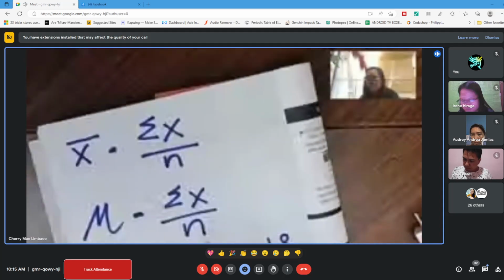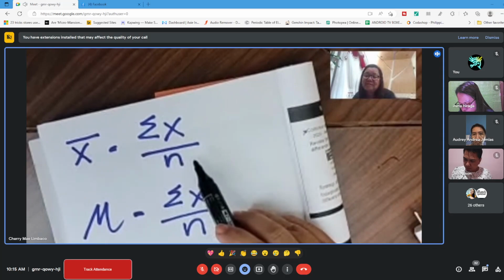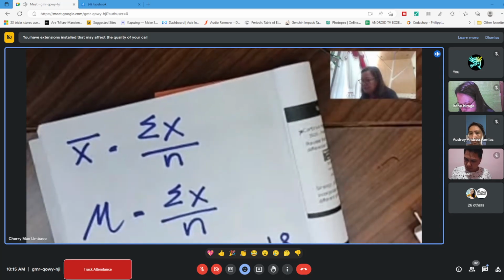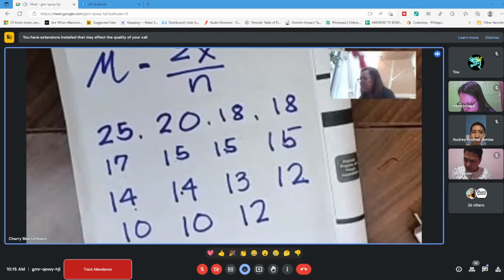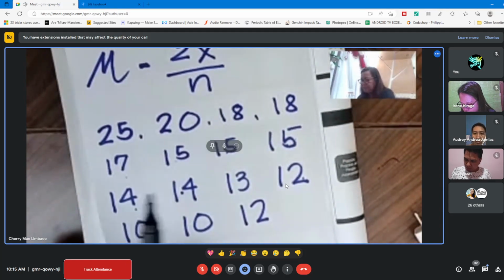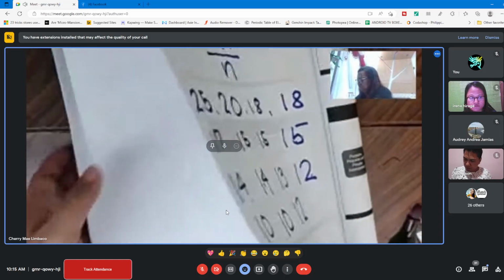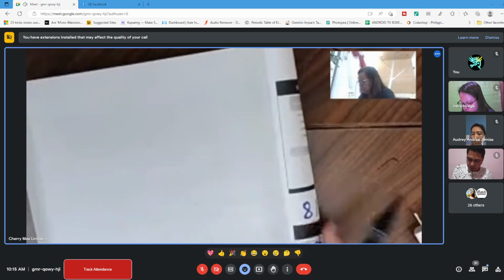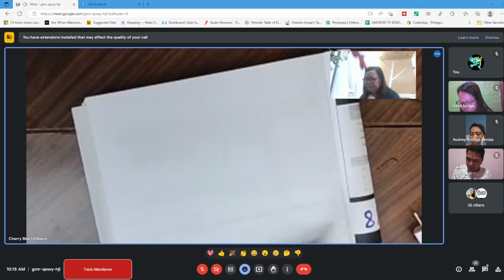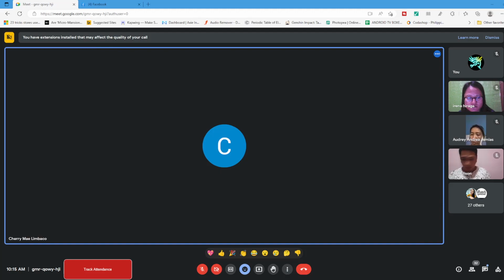Following this formula, N will represent the total number of cases or the total number of respondents. Please get a screenshot. Get a screenshot, please. Done? Okay, I'll move to the next.